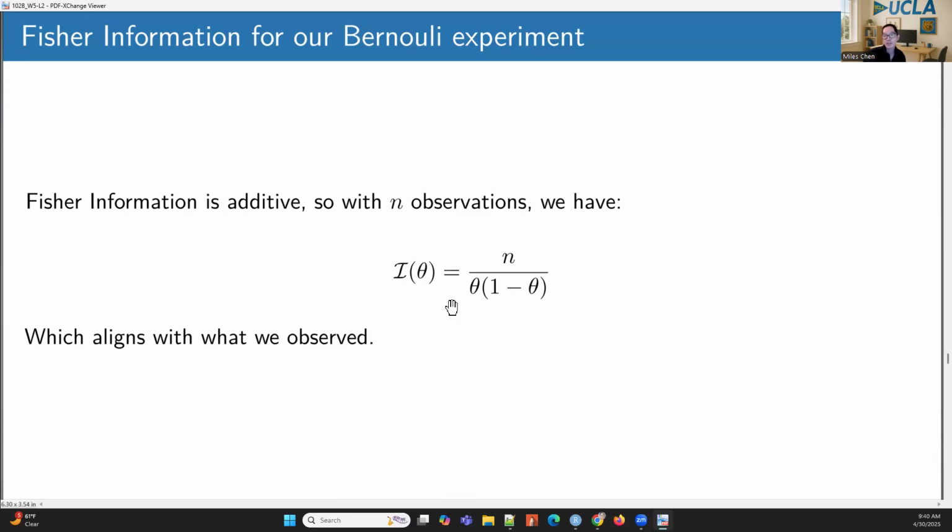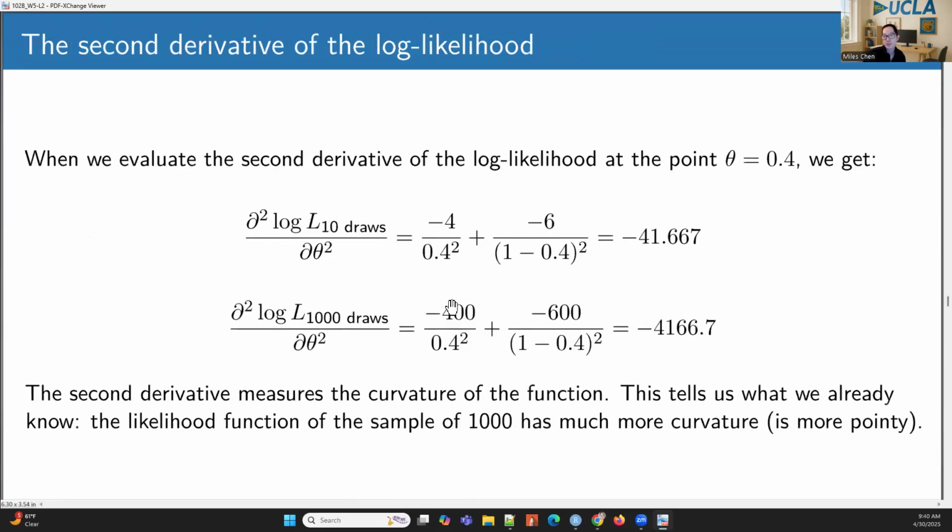And that aligns with what we had back here. With 10 observations, I got this. And with 1,000 observations, I had this. It was much bigger. If you think about what a single observation would be, like 4.1667, with 10 observations we're multiplying it by 10, and with 1,000 we're multiplying it by 1,000.